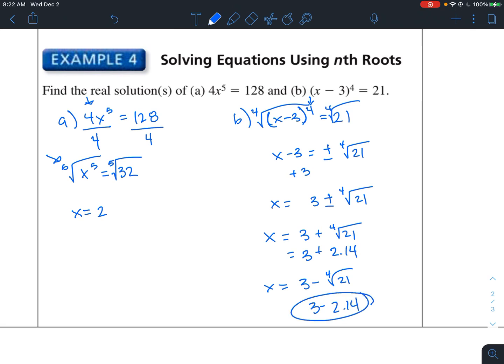You can plug that into your calculator and get the next one, but I think it should be x is equal to 5.14, and this should be something like 0.86.